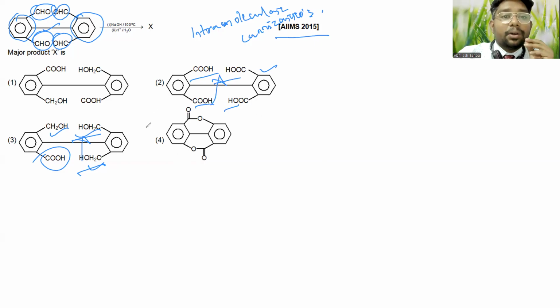Then between 1 and 4, 1 will be your answer. But the thing is, here if you see, sodium hydroxide comes first. So what will you get? COO minus and CH2OH. Got it? Then acidic hydrolysis. If you have observed our mechanism properly, then when you do acidic hydrolysis, that COO minus carboxylate anion will be converted into COOH.